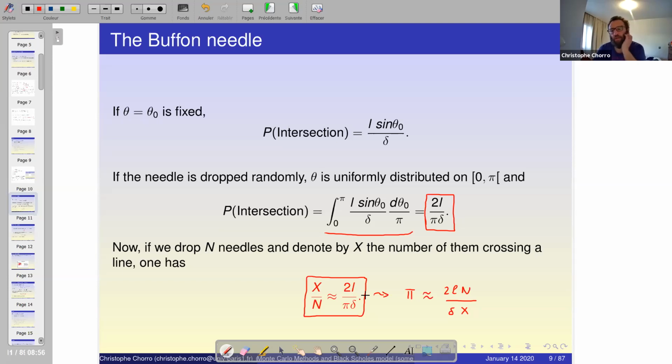If I give you the distance between two lines, the length of the needle, and the number of needles to drop, you can compute capital X empirically. And if you do this ratio, you will have an approximation of pi.